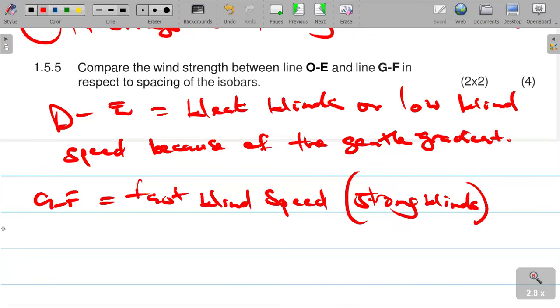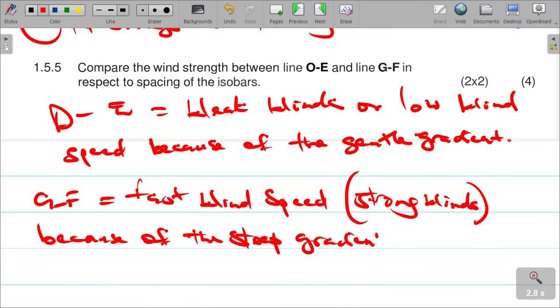Why do we say that? Because of the steep gradient. The steep gradient is identified by what? By closely packed isobars. It is the isobars that are closely packed.